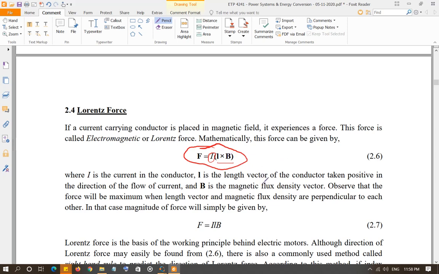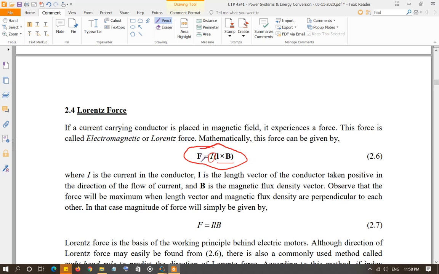Of course, the magnetic flux density depends upon the direction in which the magnetic flux is acting, and you will see that either it is given to you, or you can establish it based on where the north pole and the south pole of your magnet are, as we will study shortly. Once you carry out this operation, you get the force vector.